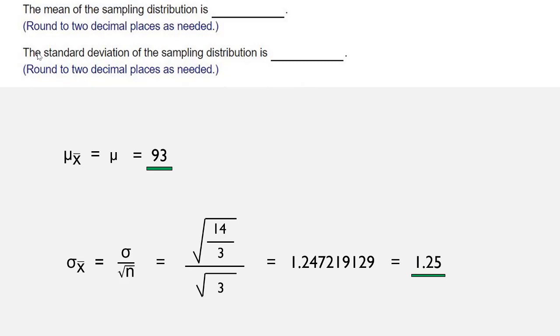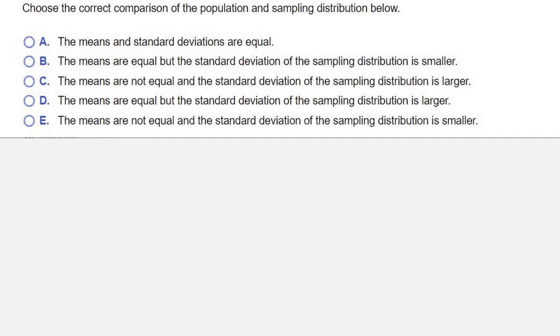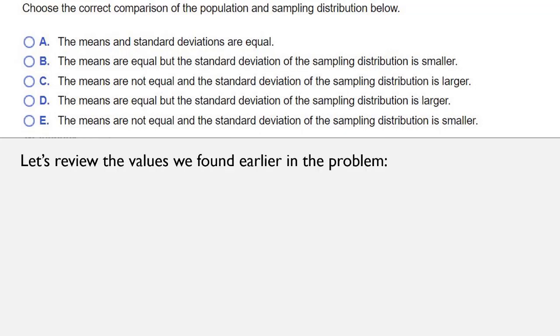So let's look at the final part of this question. Choose the correct comparison of the population and sampling distribution below. So these comparisons are comparing the means and the standard deviations. So let's go ahead and review the answers we got from earlier in the problem. Mu was equal to 93. Mu of x bar was equal to 93. So the means are equal.